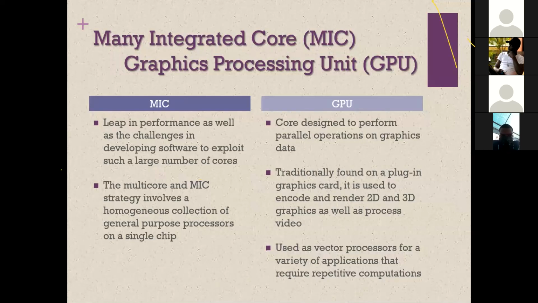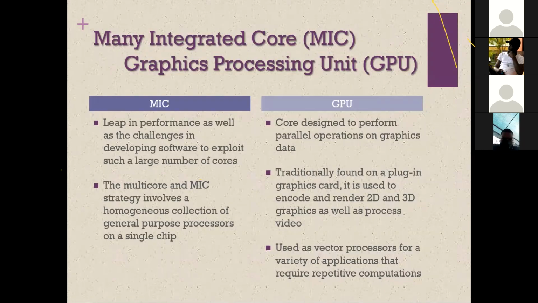So in a nutshell, or in broad terms, the GPU is a core designed to perform parallel operations on graphics data. Okay, so traditionally, the graphics were found to be plug-in kind of graphics card, which was used to encode and render 2D and 3D graphics, as well as processing of videos.